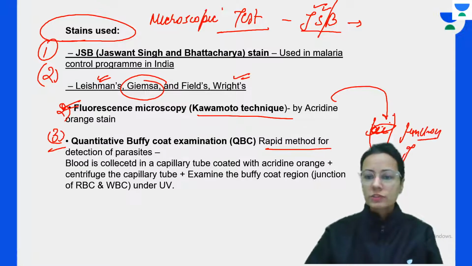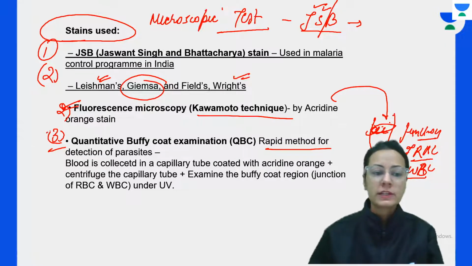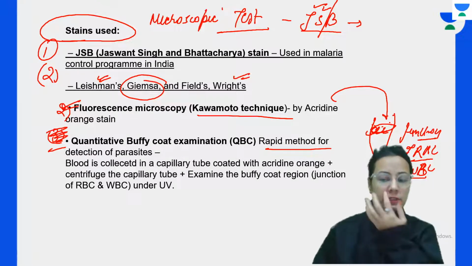At the junction of the RBCs and WBCs, we get the parasites that is the malaria, and this is the quantitative buffy coat examination under the Kawamoto technique by the fluorescent microscopy.